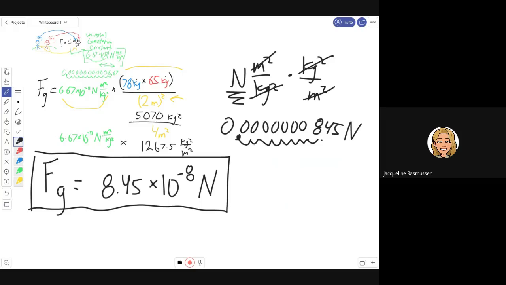But this is why the force of gravity on Earth is 9.81, because the Earth is massive, so big. So even though the universal gravitation constant is super, super small, it's multiplied by the mass of the Earth, which is humongous. And the radius of the Earth is also pretty big.